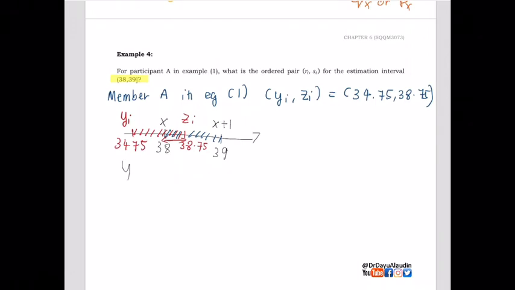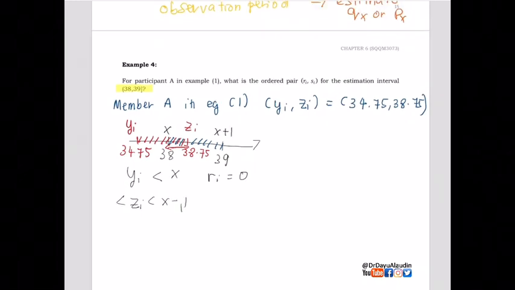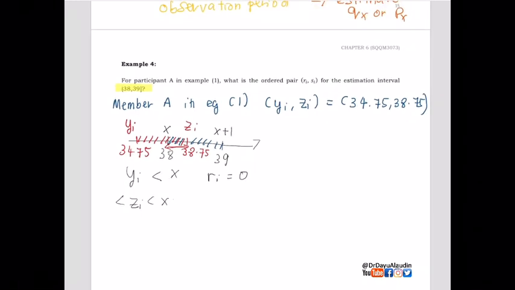So YI is before the x. When YI is before the x, RI is 0, and ZI is in between x plus 1 and x. So SI will be between 0 and 1. So how to determine the SI?